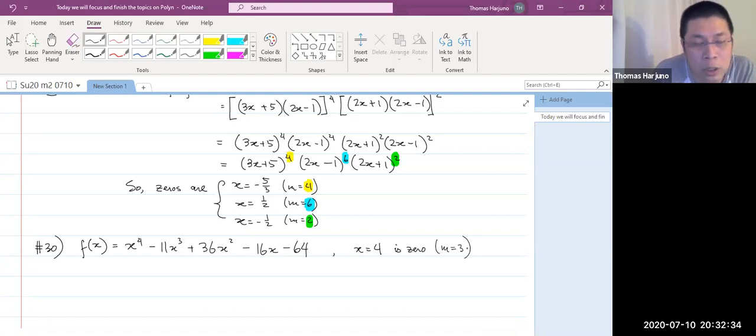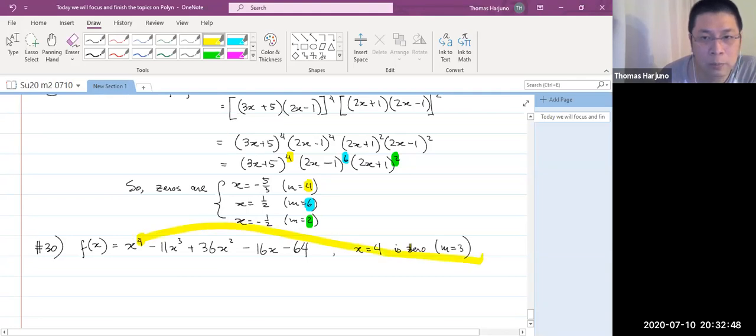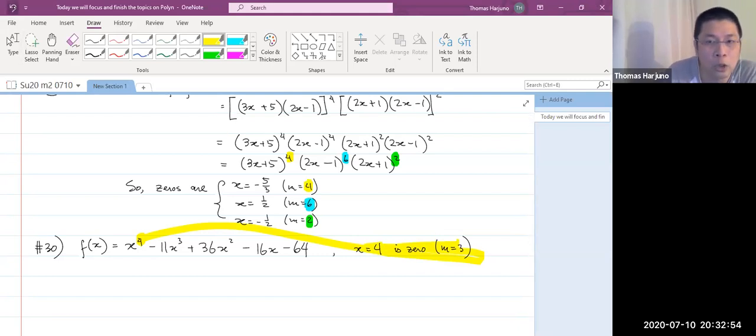So how do we use the fact that x equals 4 is a 0 with multiplicity of 3 to find the other 0, because there are supposed to be 4 zeros, right? They gave us 1 zero with multiplicity of 3. So we still need to find the other 1. Knowing some zeros enables us to reduce the degree of the polynomial.